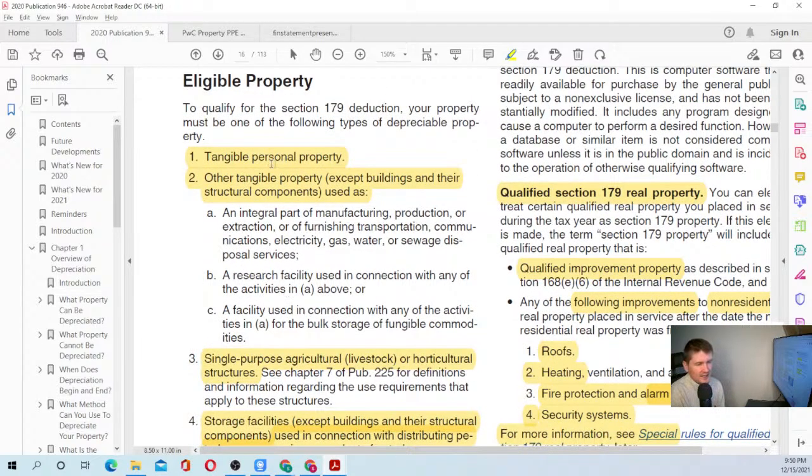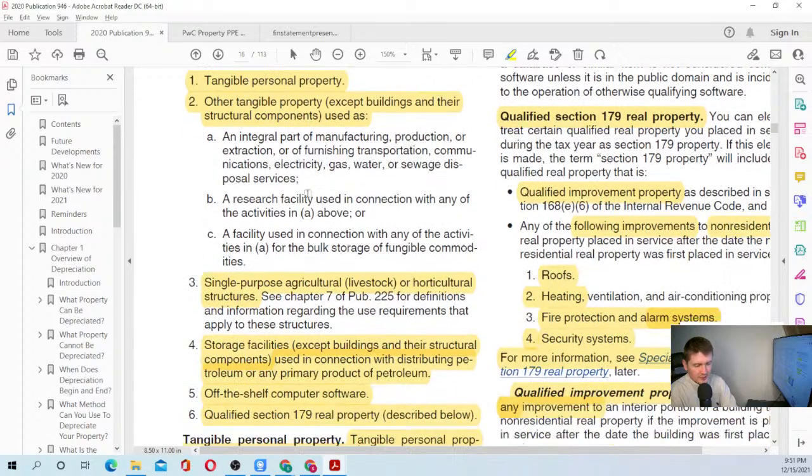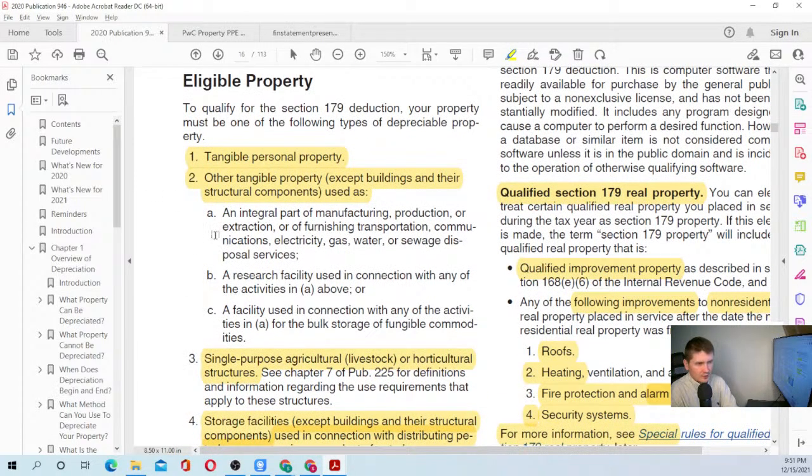So we have two types of property: real property, which is like land and buildings attached to the land, and tangible property, which is basically almost everything else, except probably inventory. Inventory will be accounted differently under taxation. So tangible property is your long-term property, which is not inventory and which is not real property. Basically, all the equipment.